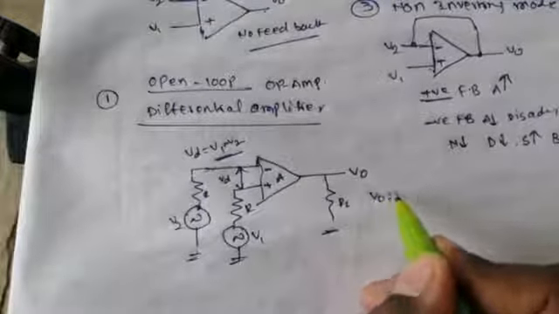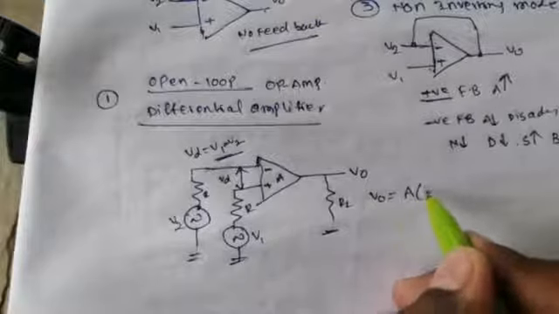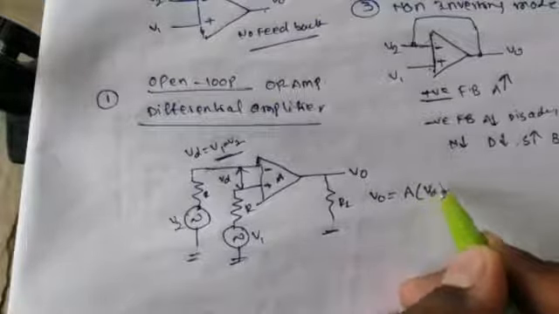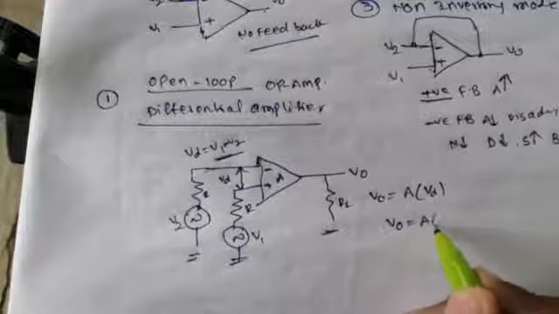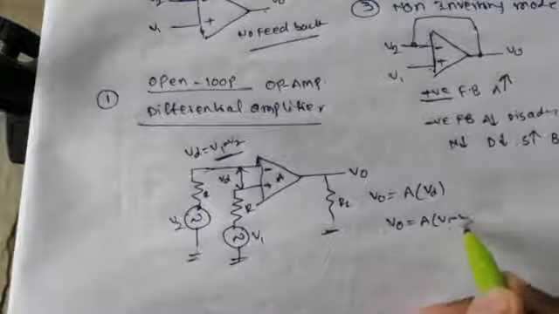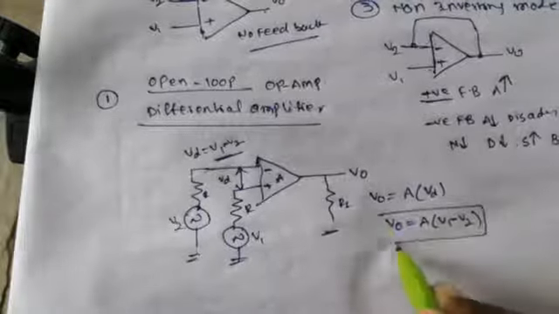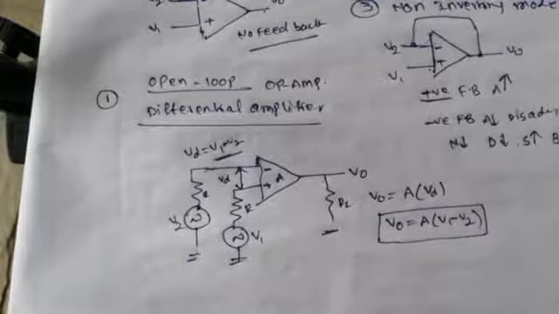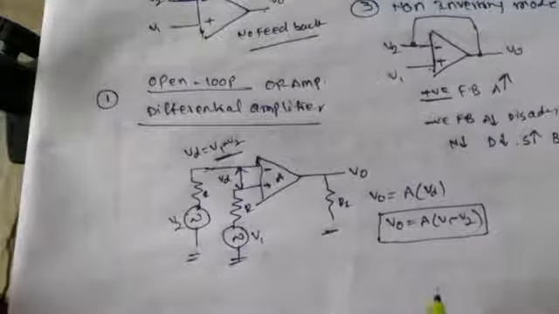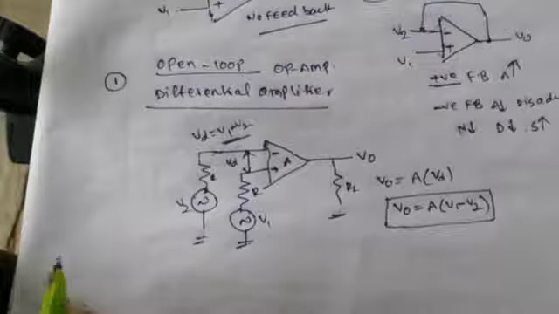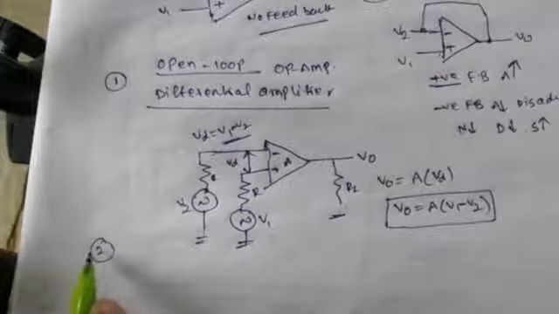Output voltage is equal to gain multiplied with the difference voltage: V0 is equal to A times (V1 minus V2). This is the output equation for the differential mode operational amplifier in open loop op-amp. This equation is very important for every circuit.